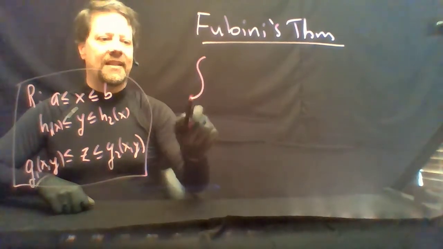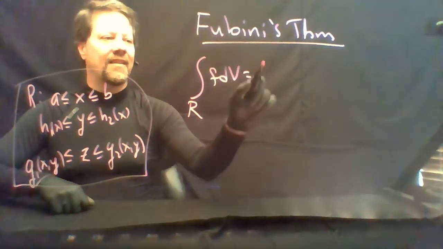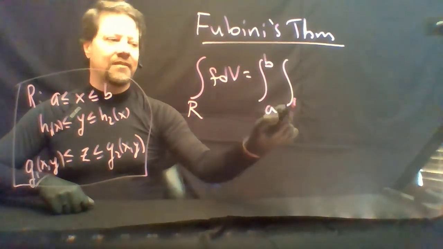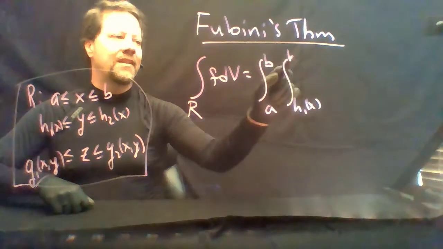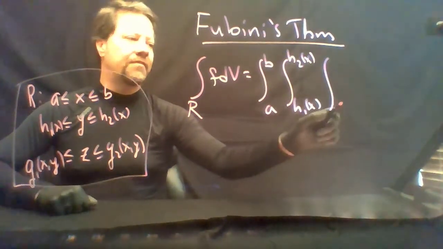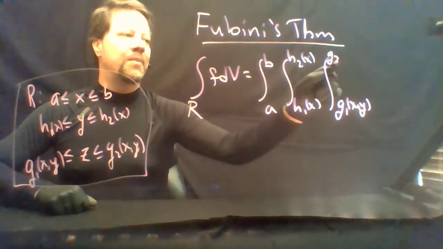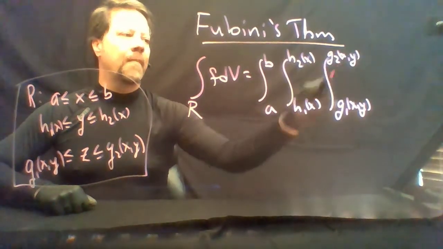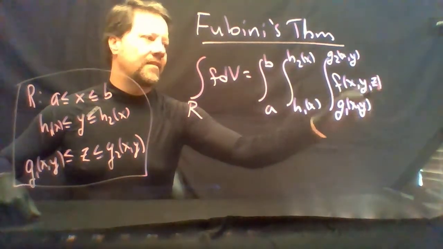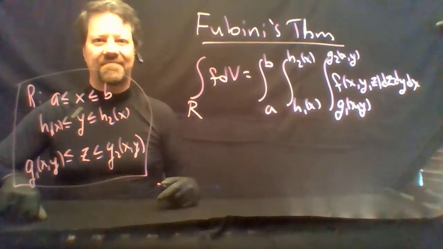Fubini's theorem says that the integral on R of f dv is the integral from a to b, the integral from h1 of x to h2 of x, lower curve to upper curve, and then the integral from lower surface to upper surface, f of x, y, z, dz, dy, dx.